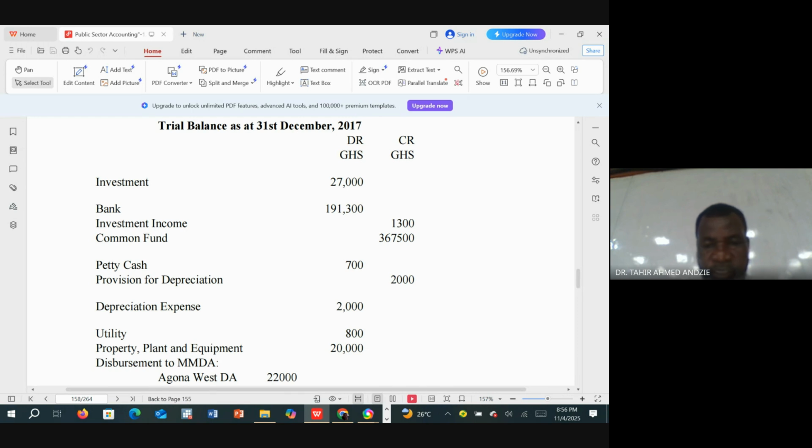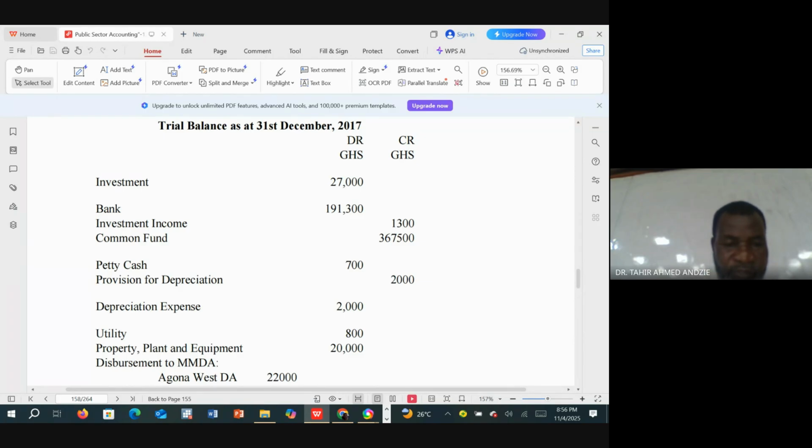Provision for depreciation. Once we have an asset and the provision, it means that we are going to determine how much we have as the book value of the asset. So provision here is there, and then you have depreciation expense. Of course, depreciation expense for the current year will be added to the accumulated depreciation, and that will be taken from the asset to get the net book value. Do you know that?